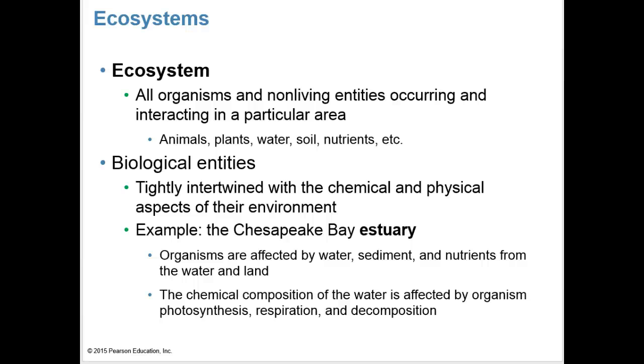So, an ecosystem: all organisms and non-living entities occurring and interacting in a particular area are called ecosystems. Remember, it includes the biotic, the living entities, and the abiotic, the non-living things that interact in an area. Animals, plants, water, soil, nutrients, air, those can all be part of an ecosystem.